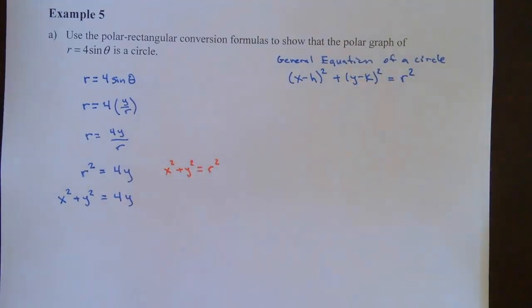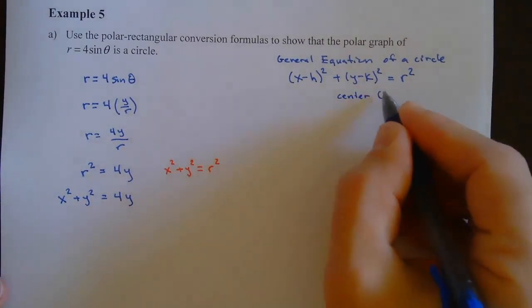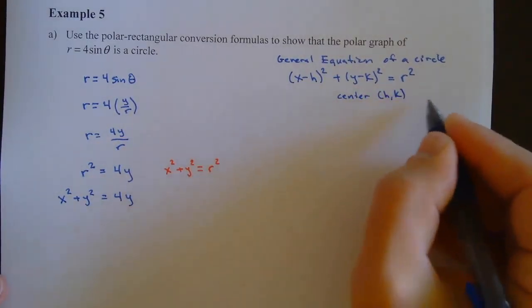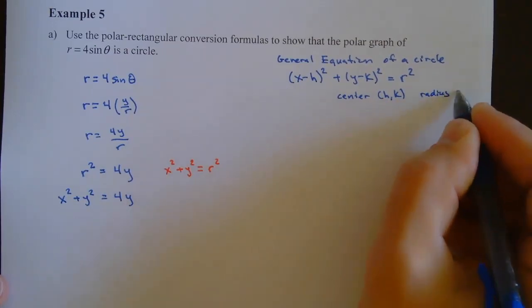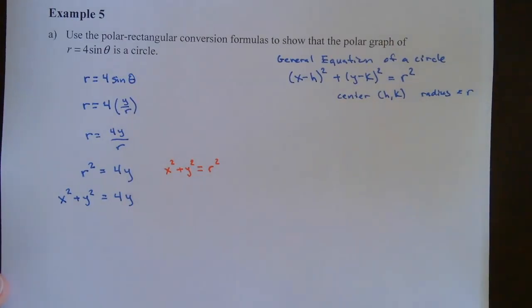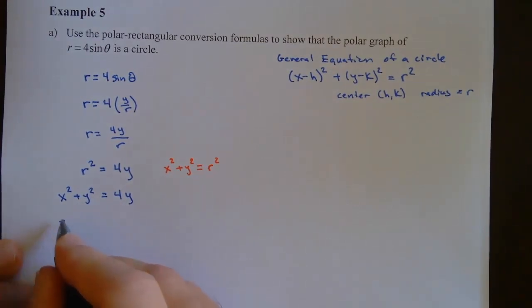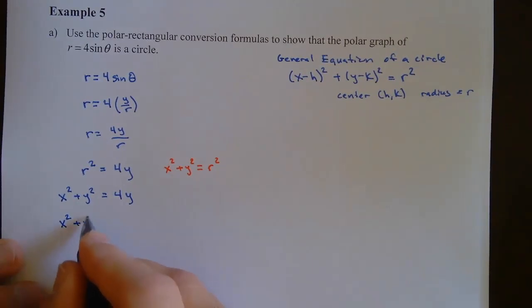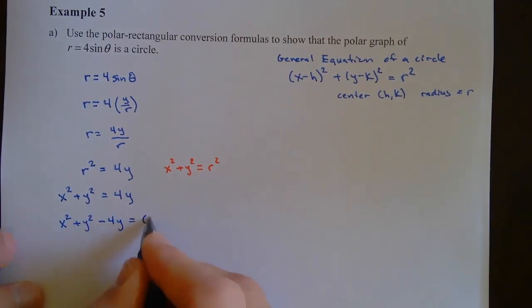So if you can get into this form, the center is h comma k, and the radius of the circle is r, okay? All right, so we don't have that form, okay? So what we can do is move the 4y over, okay? And that would become x squared plus y squared minus 4y equals 0.